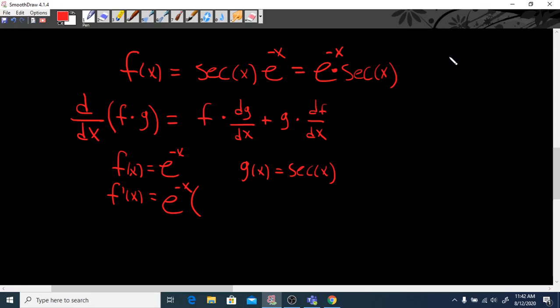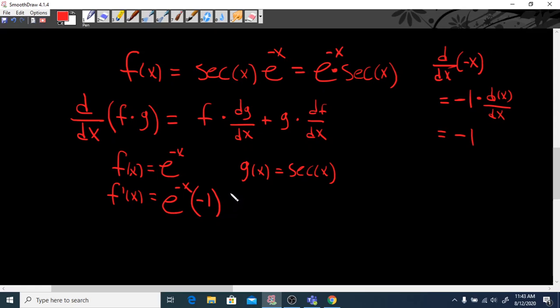Okay? The derivative of negative x. Well, the negative is like a multiplication by -1, so we can think of it as -1 times the derivative of x. And you can kind of see what's going on here, dx over dx. dx is 1, so this is just going to be -1. Okay? So we get e to the negative x times -1.